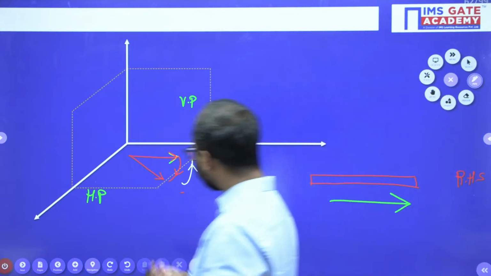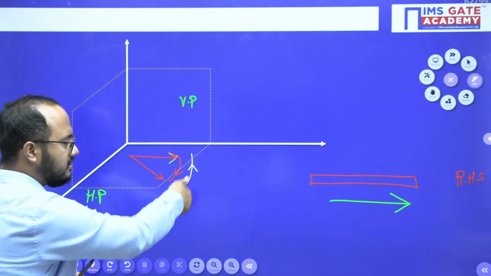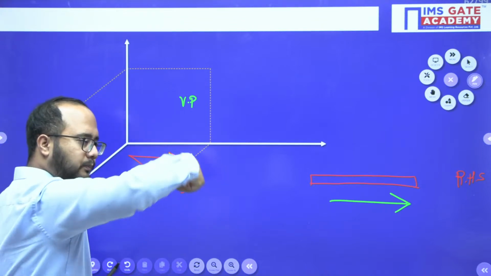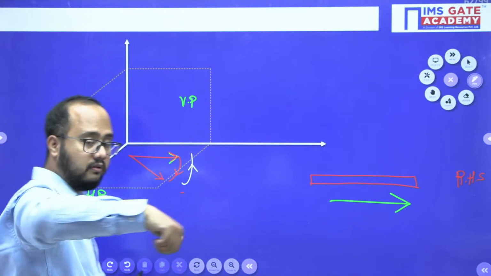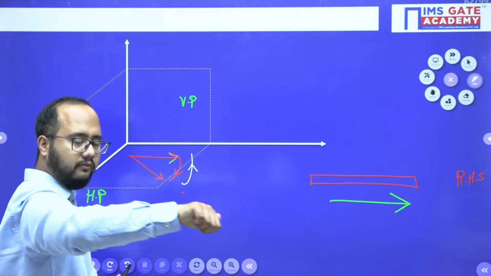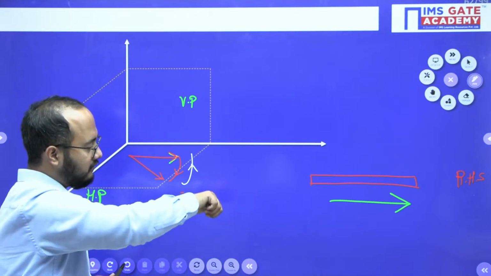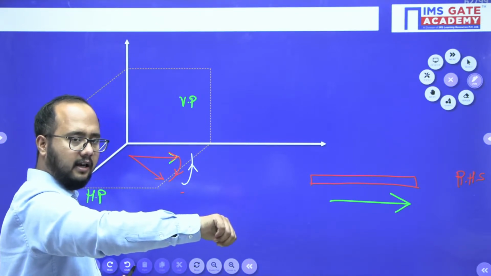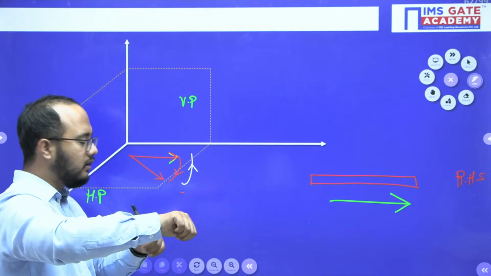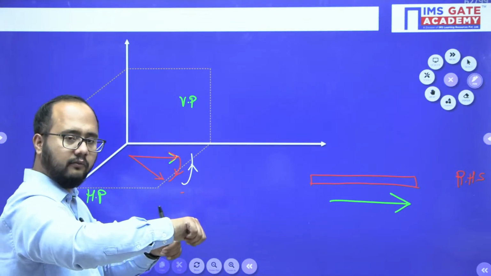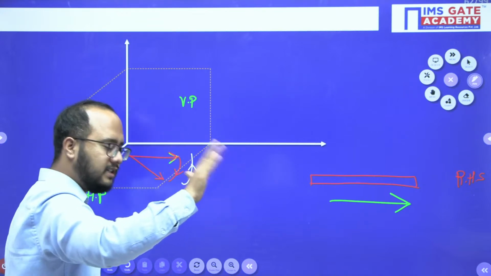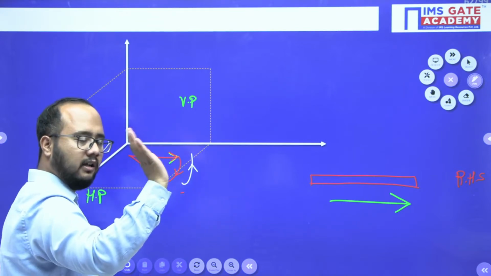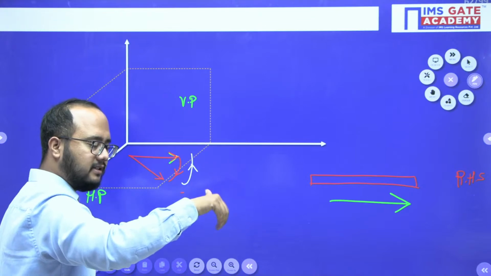Okay everyone, just consider the arrow here. You will put your thumb in the direction of the arrow, with your right hand in the horizontal plane. Now the fingers will show the effect. The fingers are curled like this.